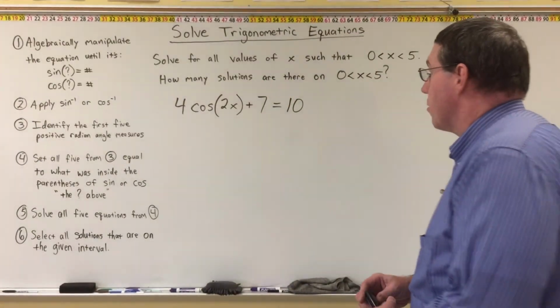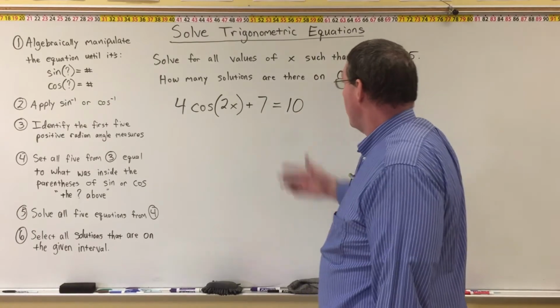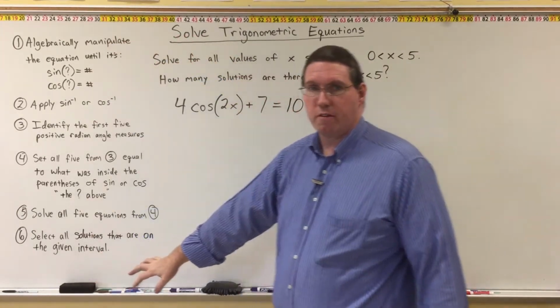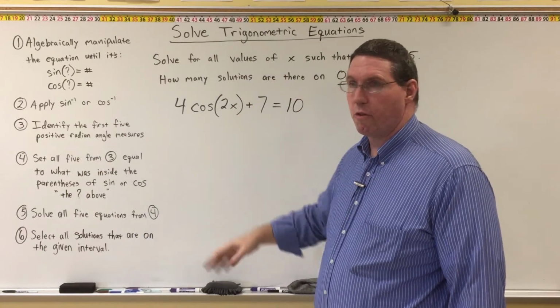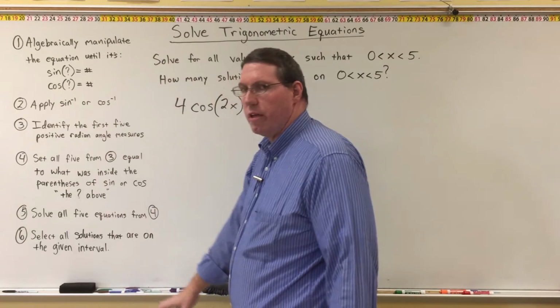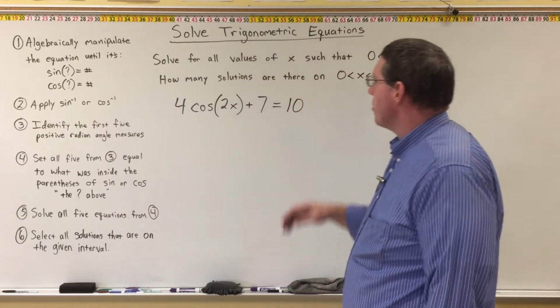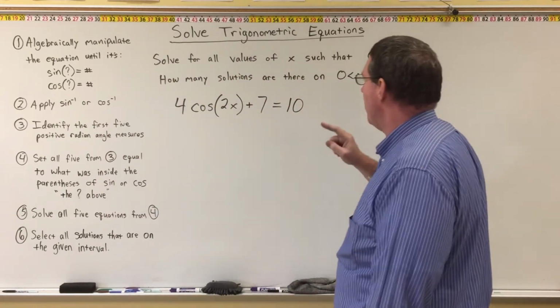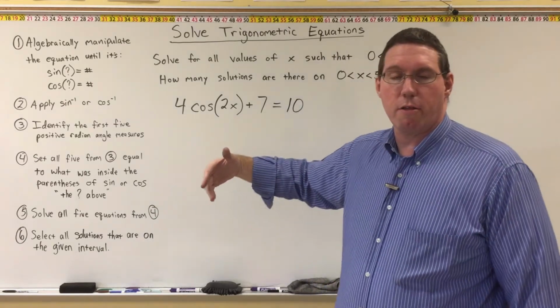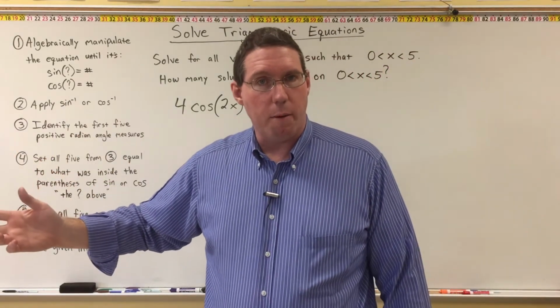All right, so let's go ahead and read the question, and over here I've given a 6-step procedure. It's not perfect, but it'll get you most of the way. So it says here, solve for all values of x. Now remember, with trigonometric functions, especially sine and cosine, you can have an infinite number of solutions.